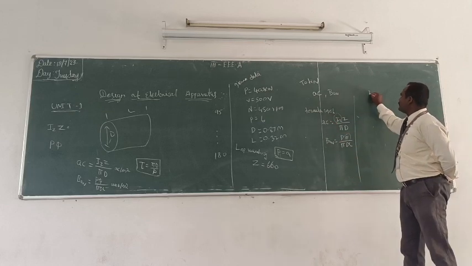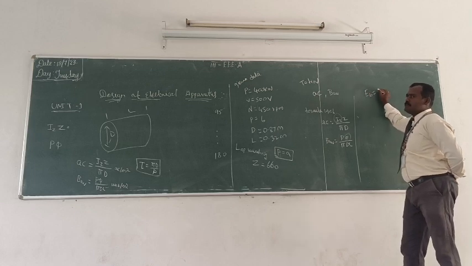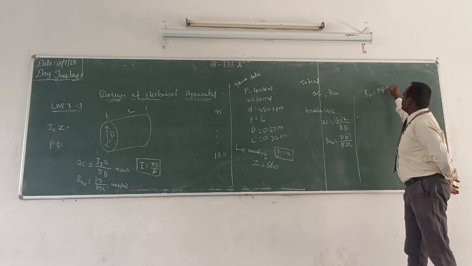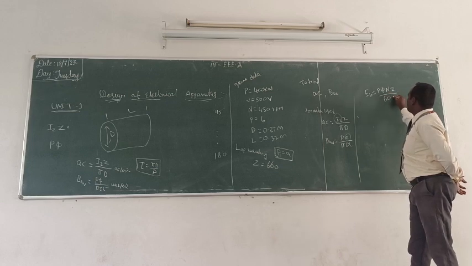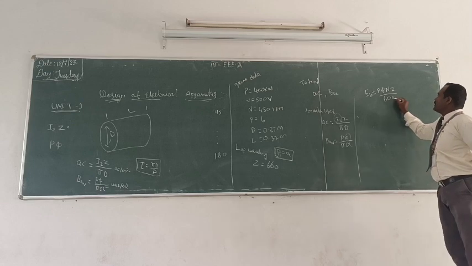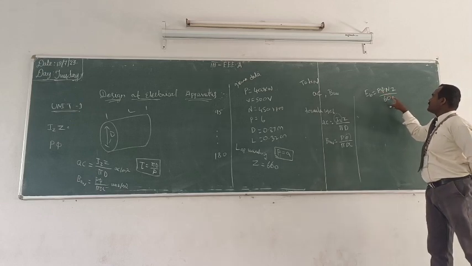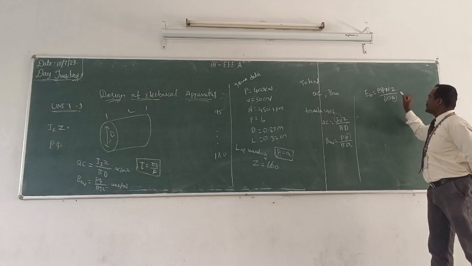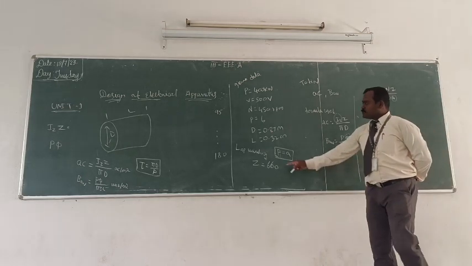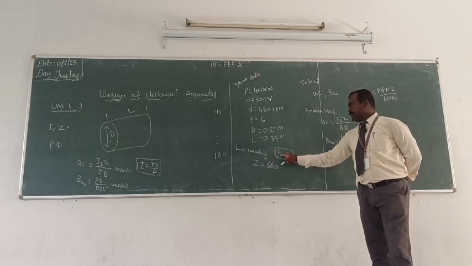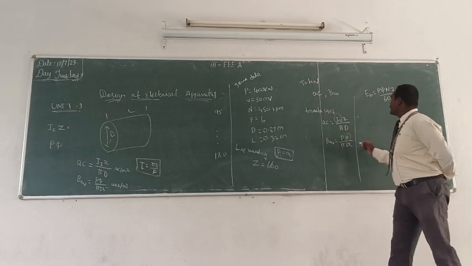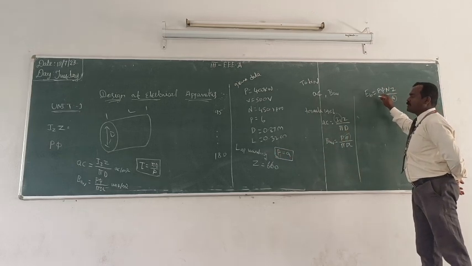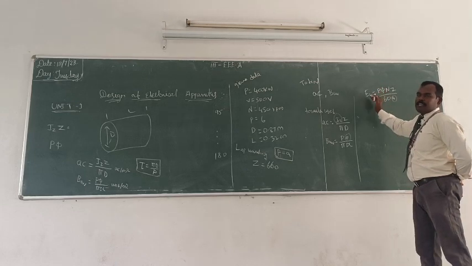You know the back EMF equation, that is EB equal to P pi N Z divided by 60 A. Here the A value is missing; the remaining values you all know. That is why they are given the lap winding, P equal to A, right? So you can substitute.